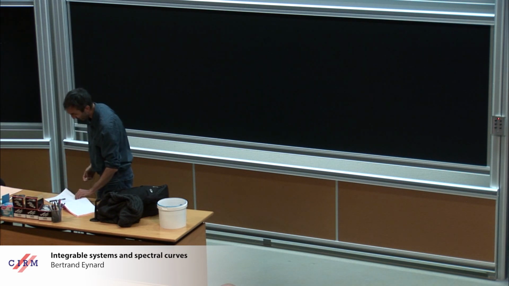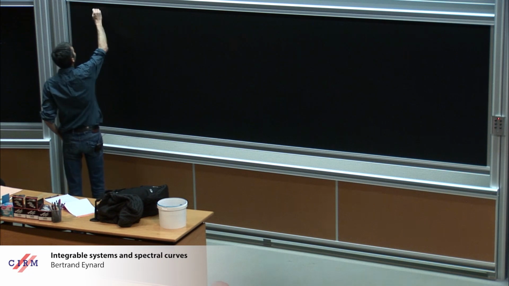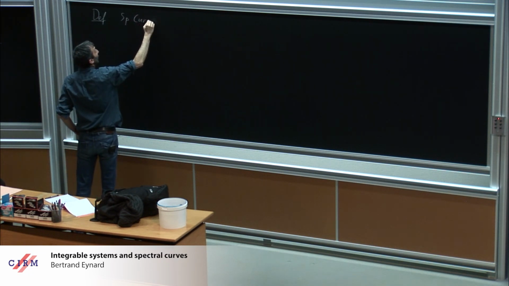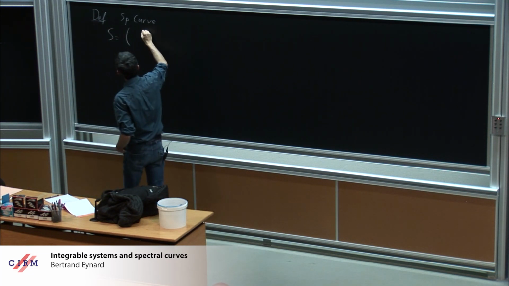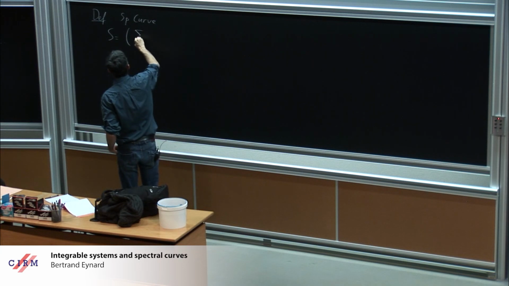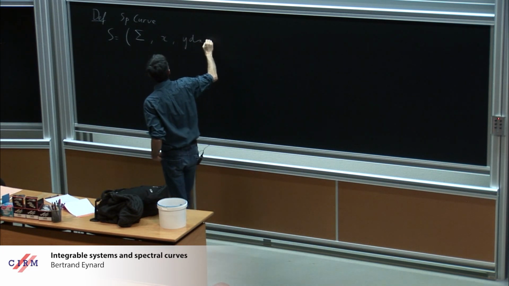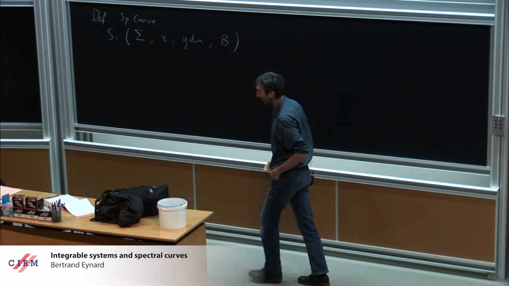So based on this remark, I will give this slightly more general definition of a spectral curve. I will define a spectral curve as follows. A spectral curve will be the data of four objects: a surface, a map, a one form, and a fourth object that I will describe later.